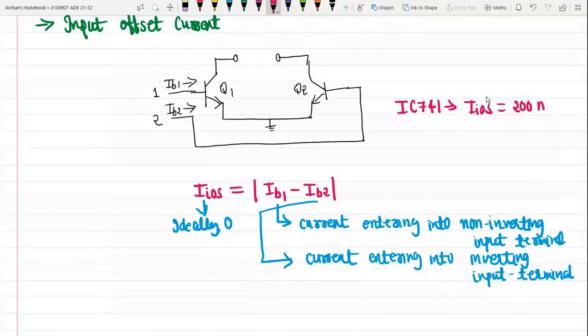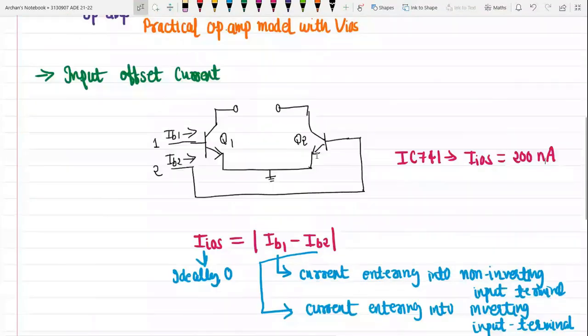This is the typical value which you may find on the data sheet provided by the manufacturer, and this current is responsible for producing an output even though the input terminals are grounded. When the input terminals are grounded, a very small amount of current flows through the two input terminals, and because of this an output voltage appears at the output terminal. This is the cause of input offset current.